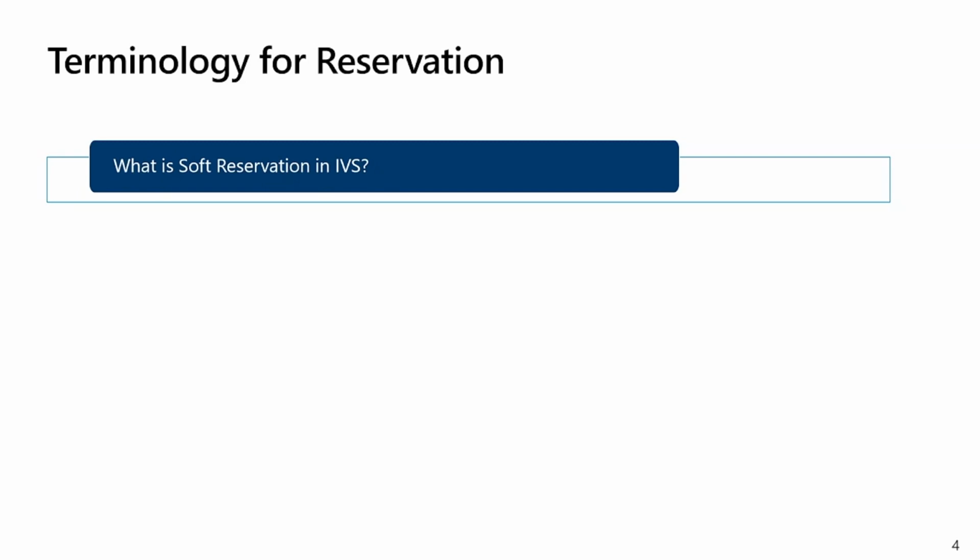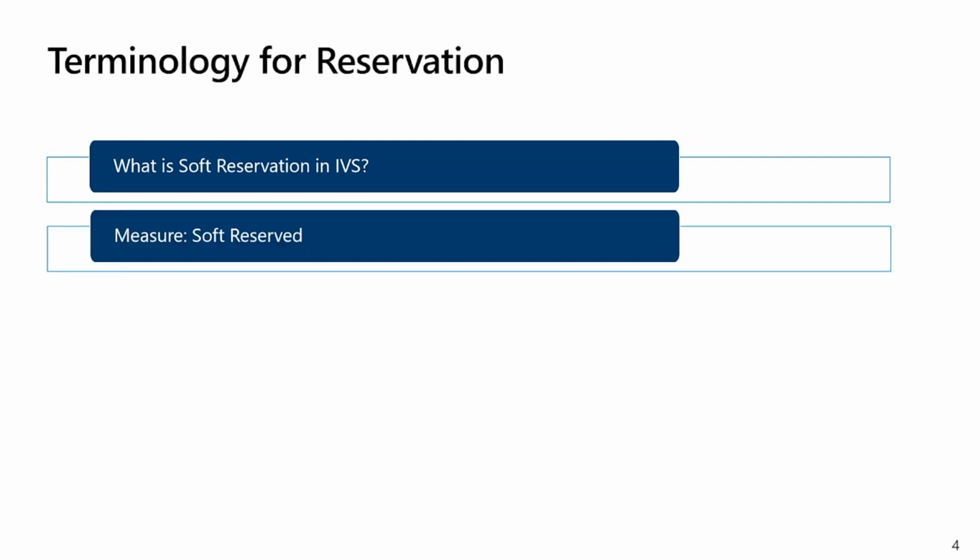Later, e-com order gets synced to Dynamics 365 SCM, and that is where it will do the hard reservation and offset reservation. But meantime, to have an accurate view of available on-hand, soft reservation capability in IVS is used. To use soft reservation feature in IVS, two measures are typically set up. One physical measure can be created as soft reserved.